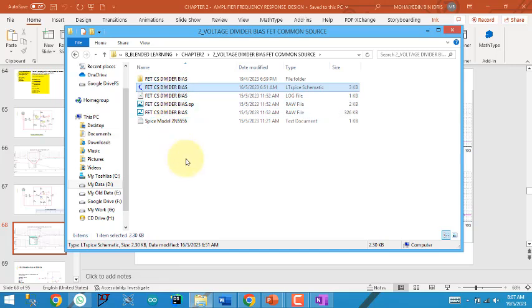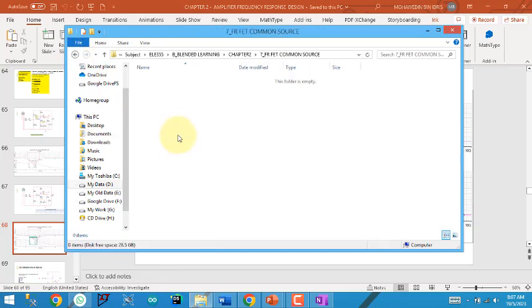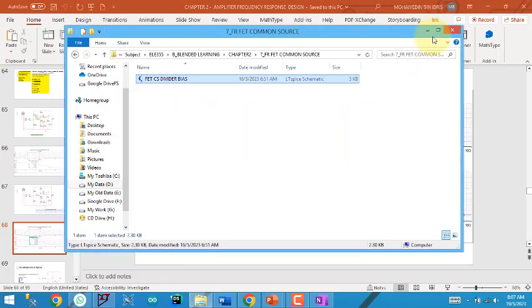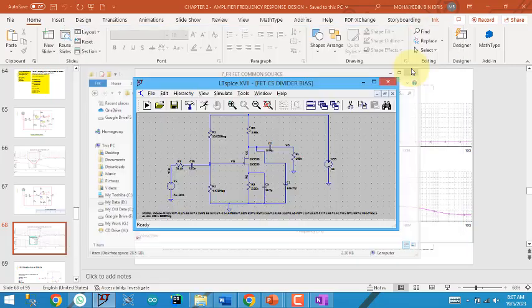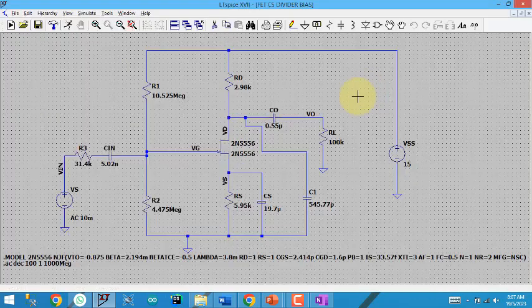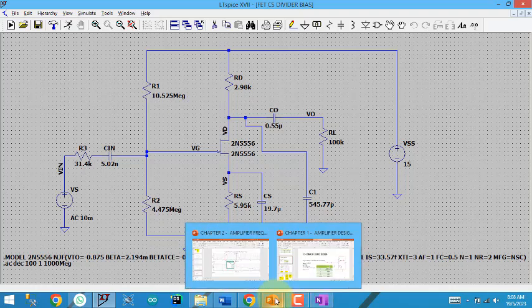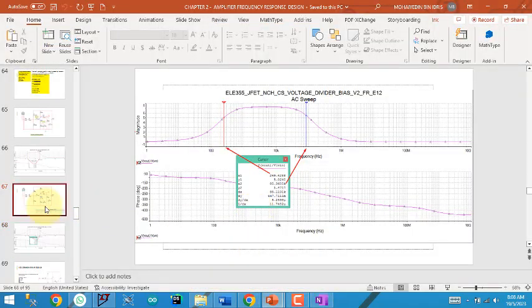So we take this circuit and add the components.